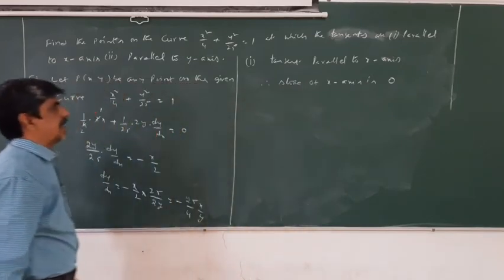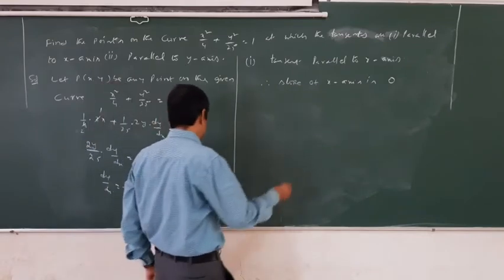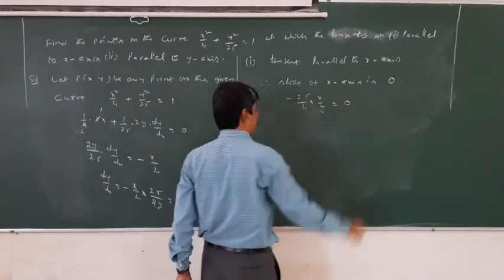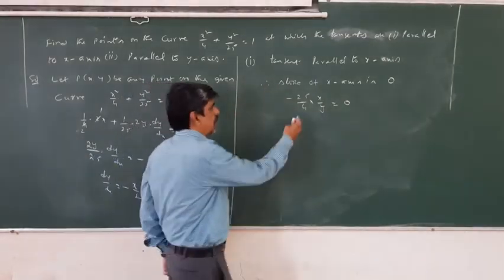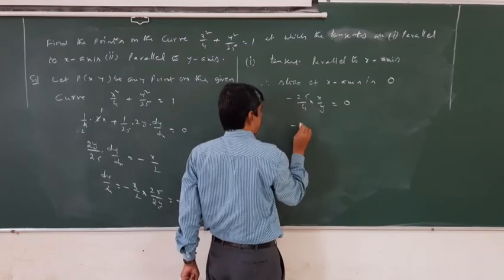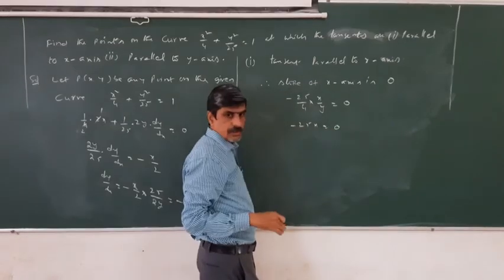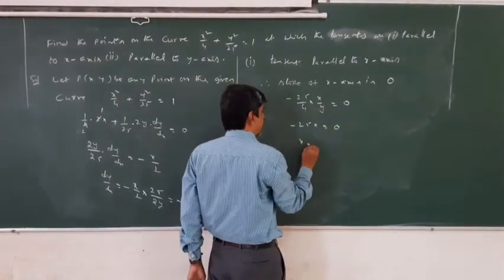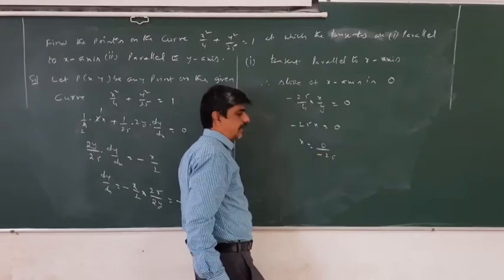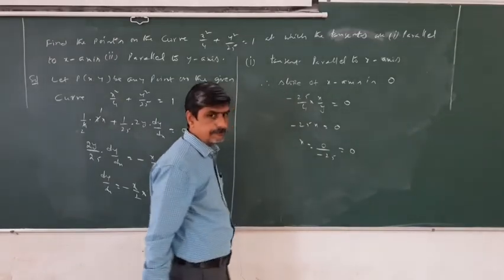That is dy by dx is equal to 0. But dy by dx is equal to here minus 25 by 4 into x by y is equal to 0. So this y value should go that side. So this is minus 25x is equal to 4y into 0 is 0. So x is equal to 0 by minus 25, 0 by something. So x is equal to 0.